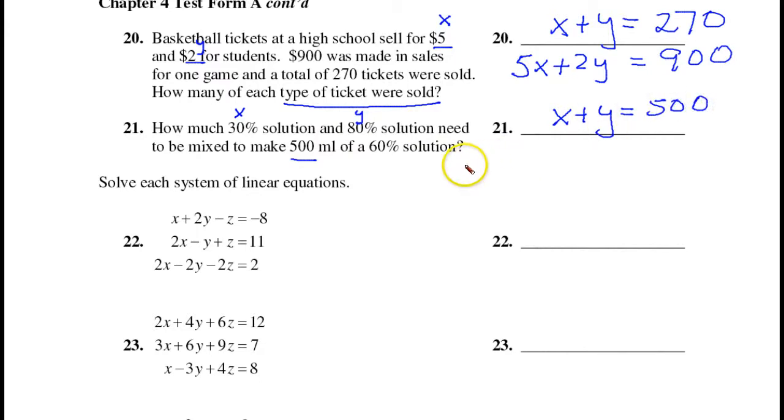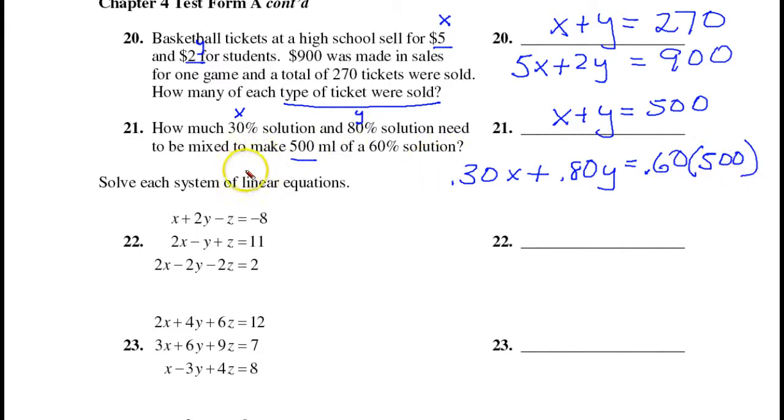And we're going to have 30% of X, which is this, plus 80% of Y equals 60% of 500.